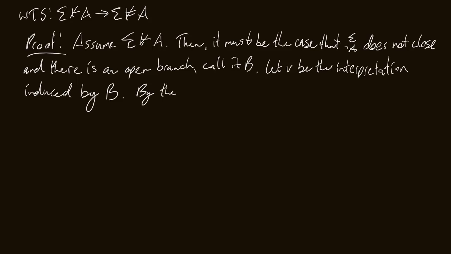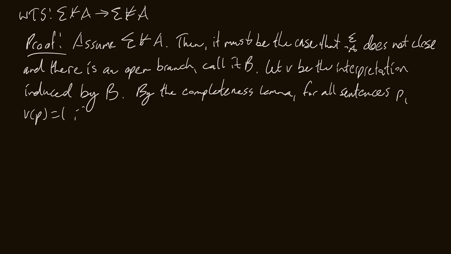By the completeness lemma, for all sentences P, V of P equals 1 if P is on B, and V of P equals 0 if not P is on B. This is why we needed to prove the completeness lemma, because we need to draw it in right here.